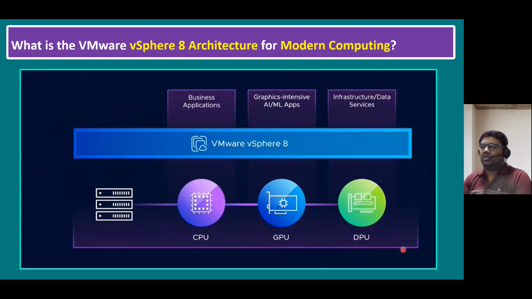Based on our customer choice, we can contact the respective hardware vendor and make sure our hardware has these additional cards. Along with the CPU motherboard, we also need the additional cards, GPU, graphical processing unit, and DPU, data processing unit, also known as smart NIC. This is our high level vSphere 8 architecture.